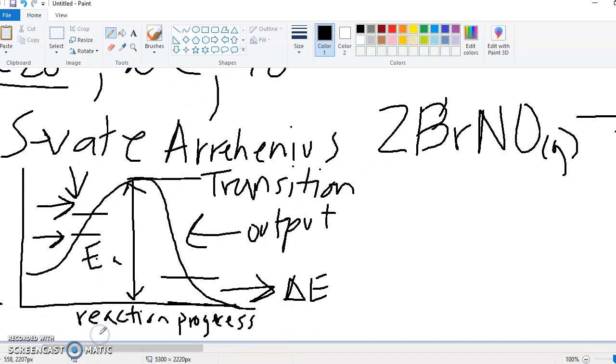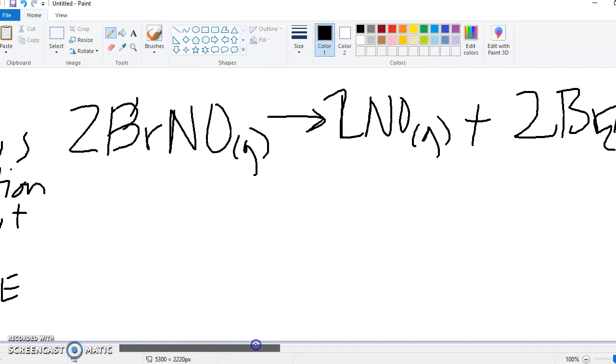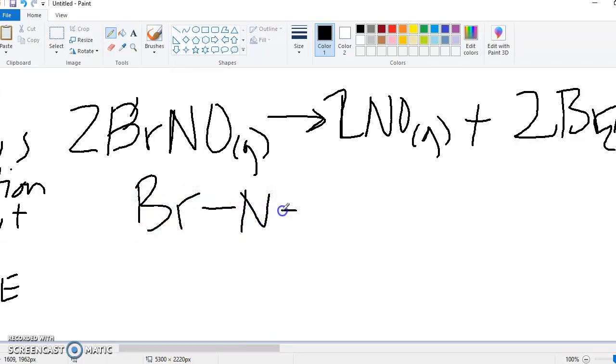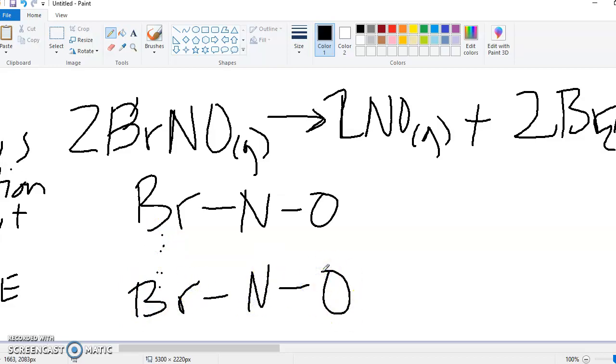Once I have enough activation energy, I can reach my transition state or my activated complex, meaning that I'm at a point of no return, and I have made a complex molecule where I am going to form bonds between my Br molecules and break bonds between Br and nitrogen.